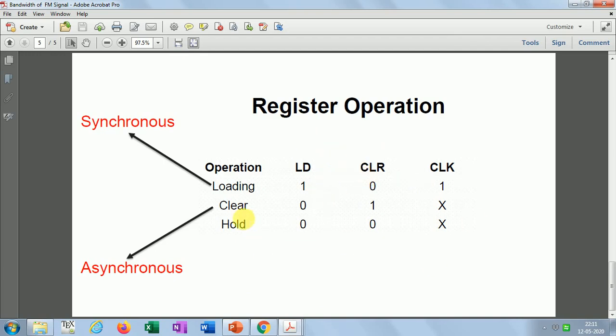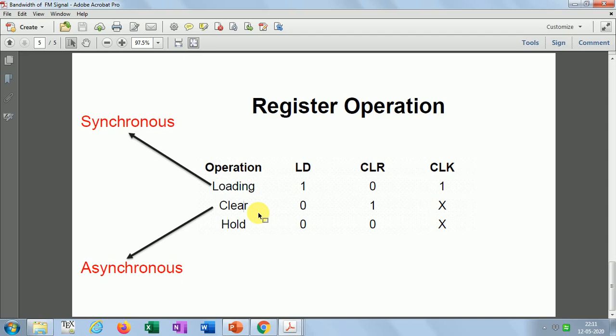But the clear input is simply asynchronous, because it does not depend on the clock input. It simply clears the register or the flip flops.